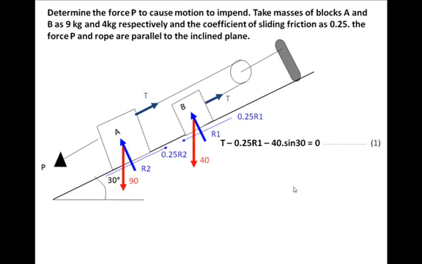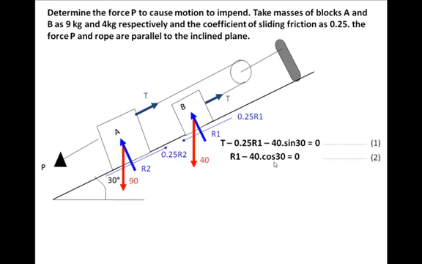So if we do that, we can write sigma Fx equal to 0, telling us T minus 0.25 R1 minus this 40 sin 30 equal to 0. Now, the direction of motion we take as positive. So, since B is going up, all forces in the upward direction here or towards our right are positive, towards our left are negative, and that's how these positive and negative signs are coming.